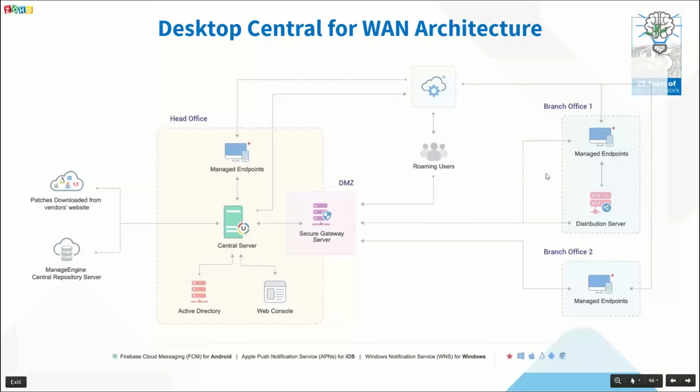Now, when you have multiple branch offices or remote offices, in our case where John has remote offices across Chennai, Sydney, and Bogota with numerous devices, it is recommended to have this additional component called distribution server, wherein any patch or software repositories or binaries will be directly taken by the distribution server, and this will internally communicate with your devices in your remote offices. This will eliminate your bandwidth consumption.